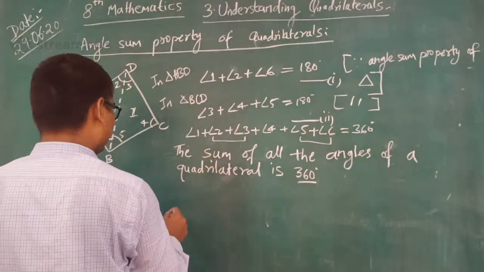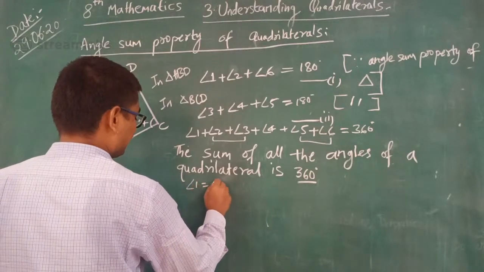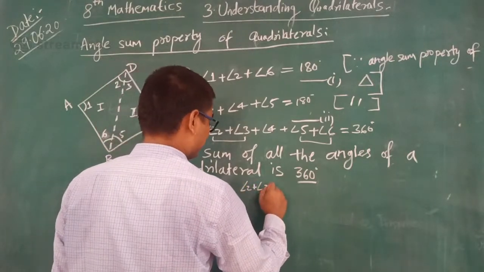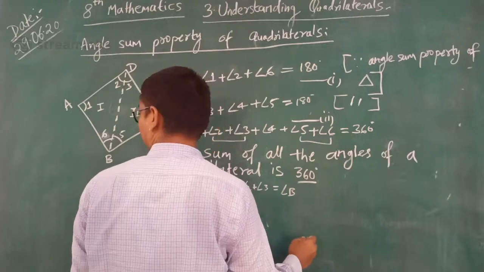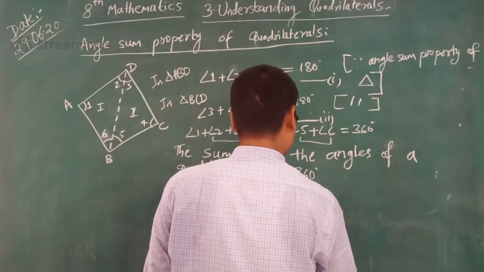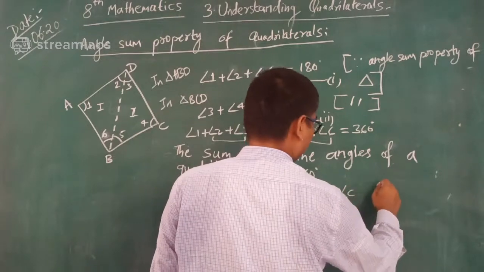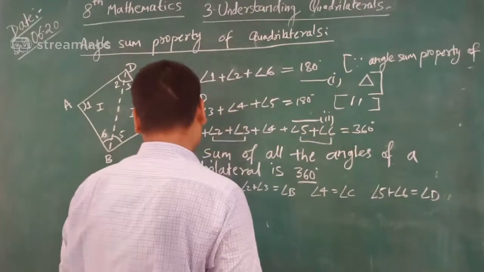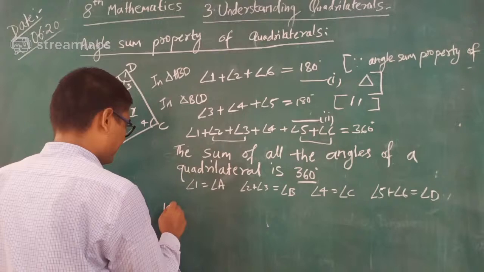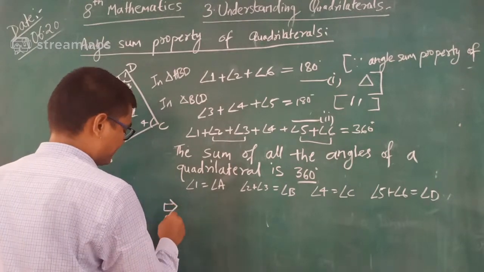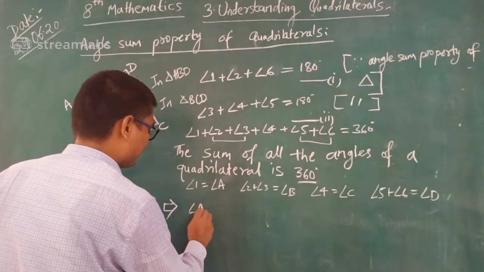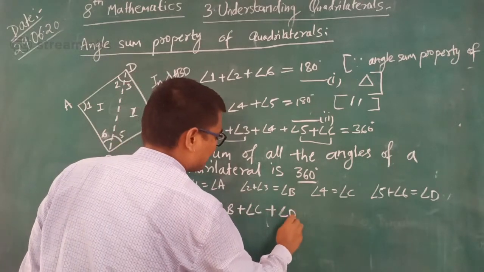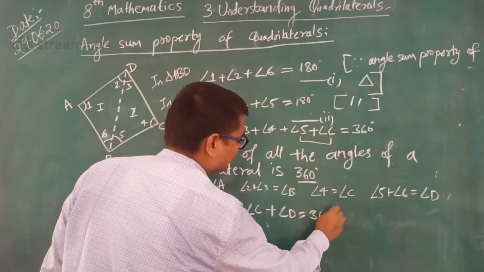Let us write angle 1 as angle A, angle 2 plus angle 3 as angle B, angle 4 as angle C, and angle 5 plus angle 6 as angle D. So angle A plus angle B plus angle C plus angle D is equal to 360 degrees.